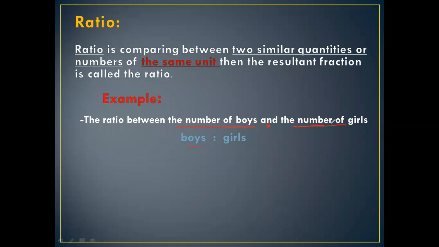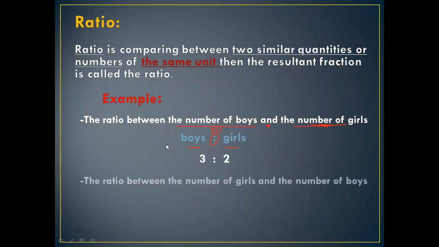And the second term will be the number of girls, so I will write girls. So boys, colon, this is the sign of the ratio. It's called colon. So boys to girls. I will say, for example, it's 3 to 2, 3 to 2.